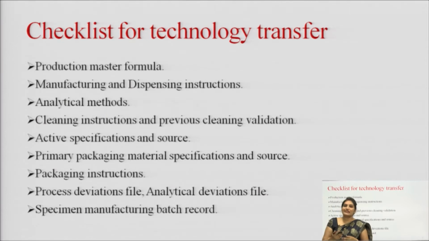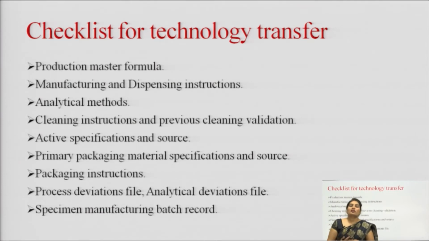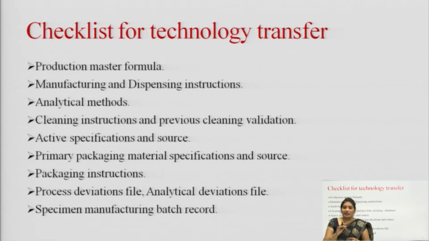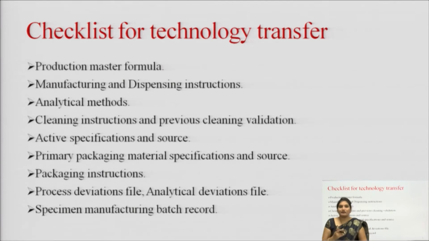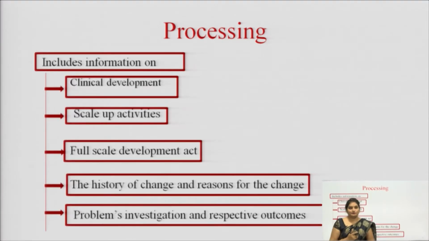In case of process deviation, what steps we have to take should be described. Specimen manufacturing batch record. Okay. Means for the manufacturing of a batch, what documentation should be there, and this documentation should be recorded. Okay. We should have a record of that document with us. So, this is the checklist for technology transfer.